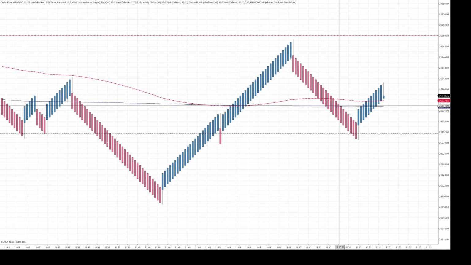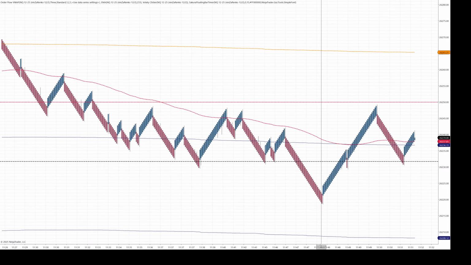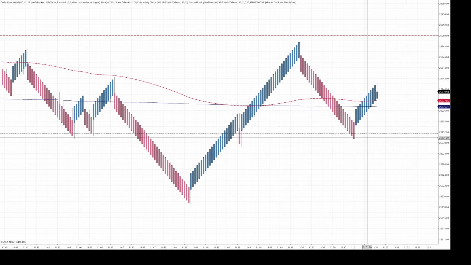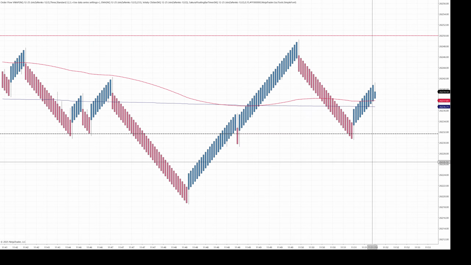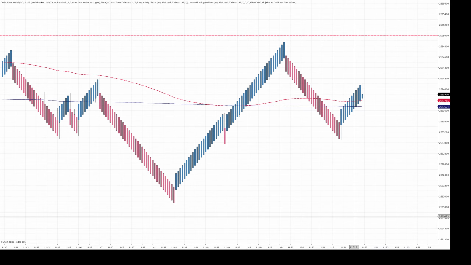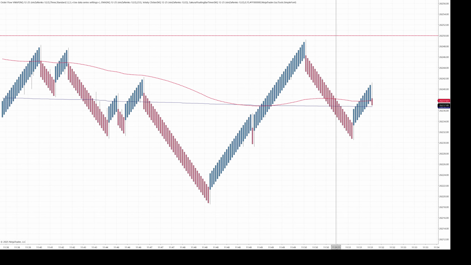This dotted black line here is just my prior all-time high, just something I measured from a while ago. It's one I manually added. I can delete it, I don't think it's relevant. It was relevant.